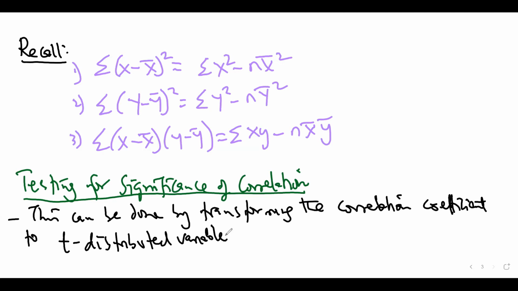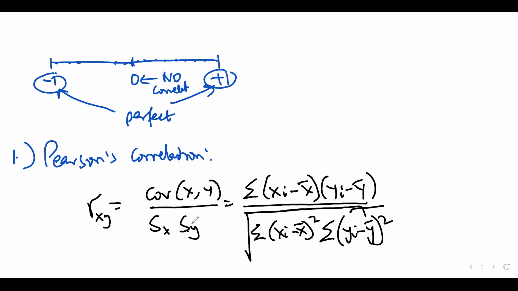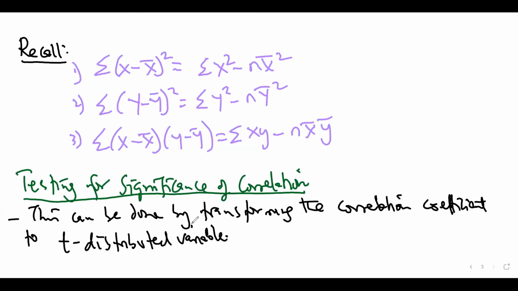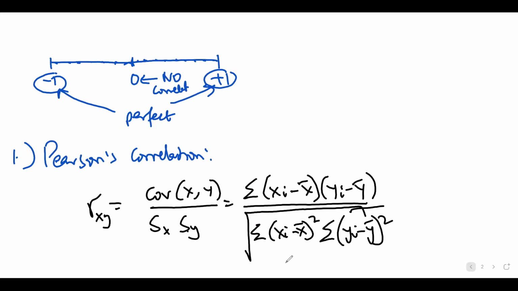So basically we transform r, which is the correlation coefficient here, into a t distributed random variable. And under the null hypothesis, H naught, rho is the population Pearson's correlation coefficient.